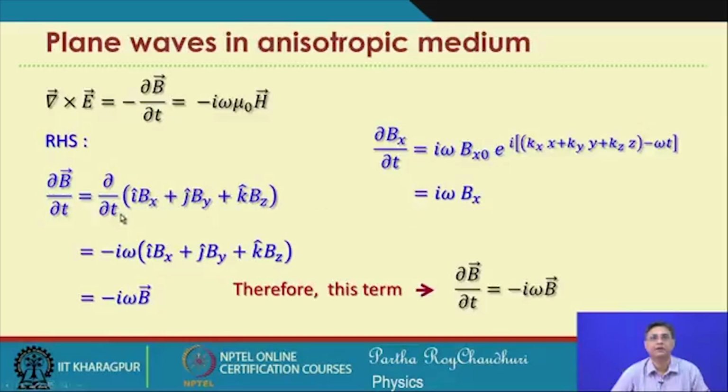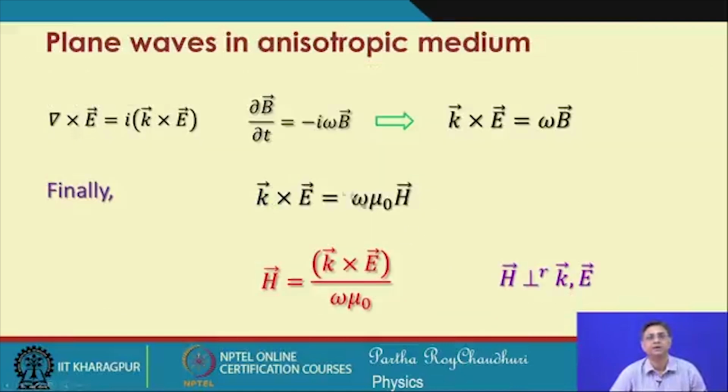For the y component, del b y del t will give you I omega b y, and del b z del t will give you I omega b z. Therefore, the right hand side, del B del t, will give you simply minus I omega B. So, we have the left hand side as well as the right hand side.